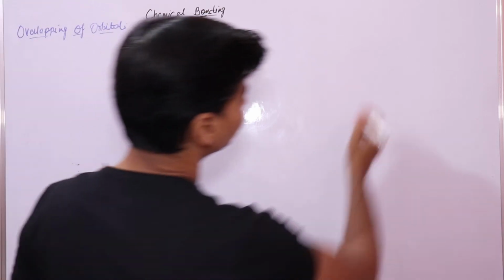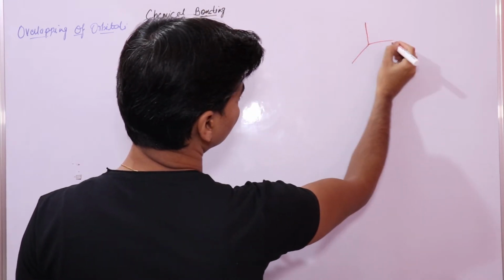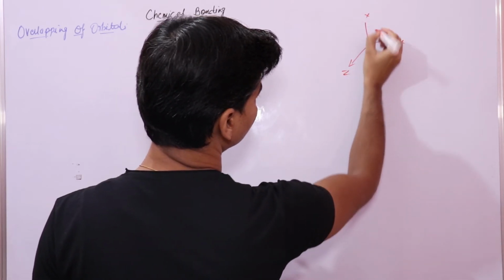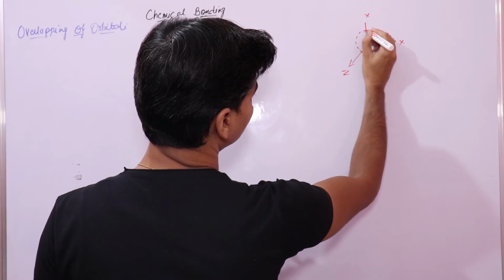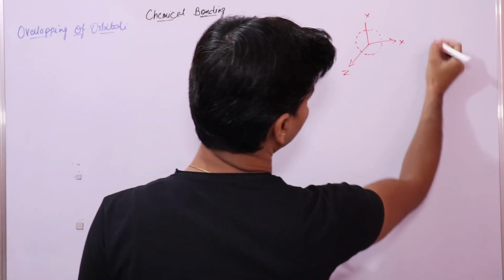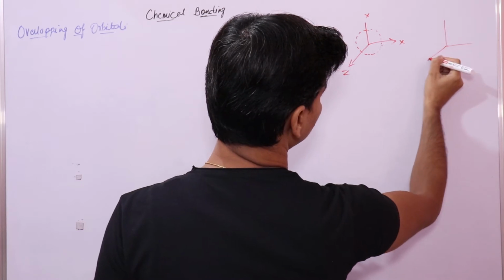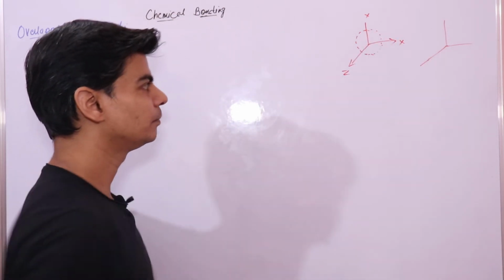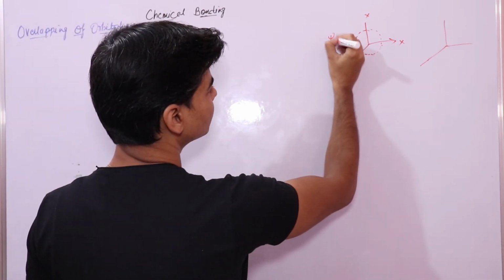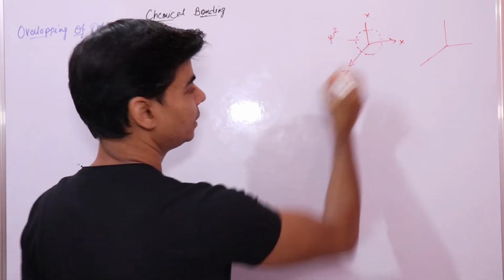We know that this is your x-axis, this is your y-axis, this is your z-axis, and this is your s orbital, which is an electron cloud. If you remember, this was constructed using the various values of psi square at different points.